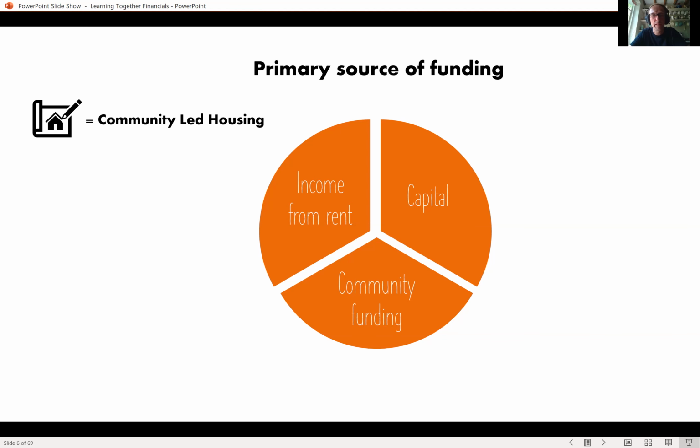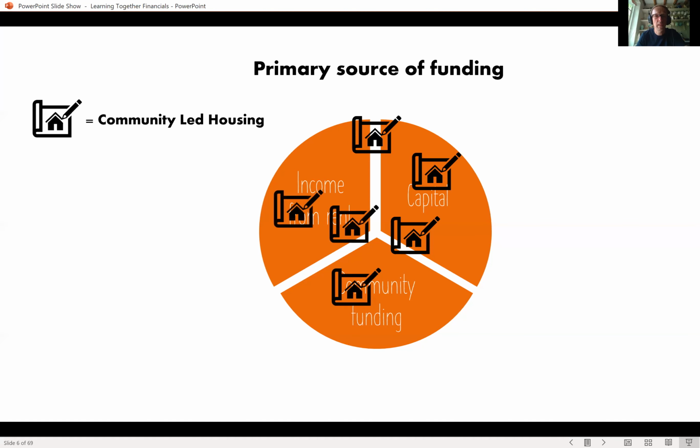And you will almost certainly seek to get community funding as part of your project, and I'll talk a little bit about what that means later on. Those tend to be three of the main sources of funding for any project in the community-led housing world. And again, there you are, there's our community-led housing projects in all of them.